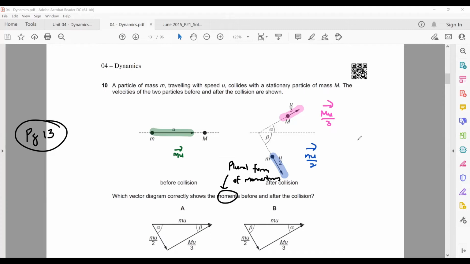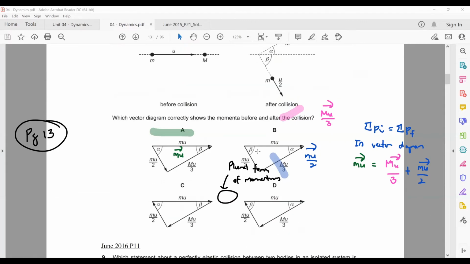So in vector diagram form, if I know that the sum of initial momentum is the same as the sum of the final momentum, I will know that mu is equal to big M u over 3 plus small m u over 2.